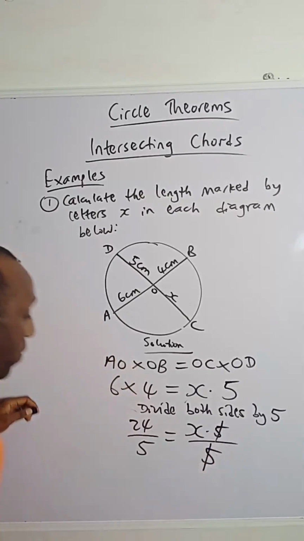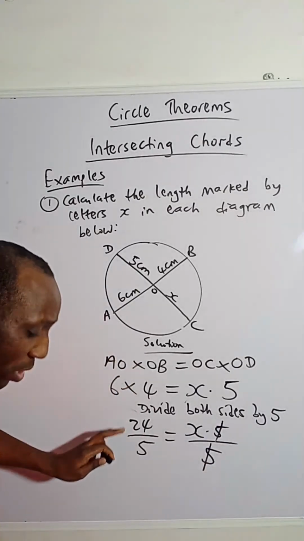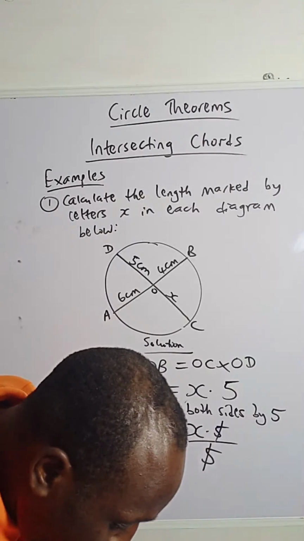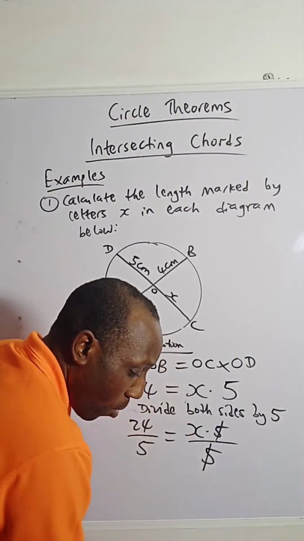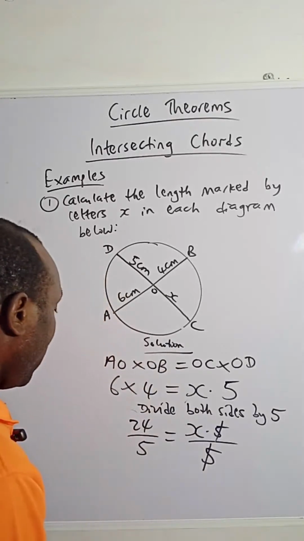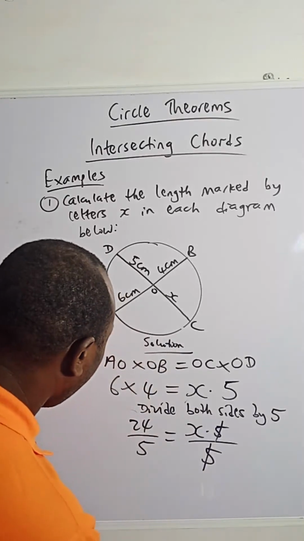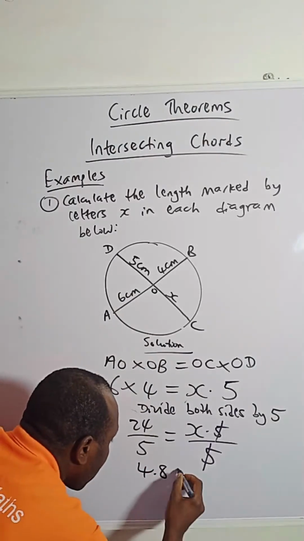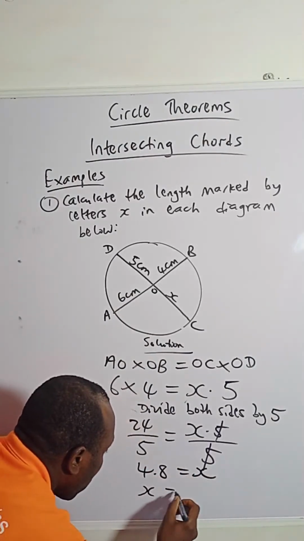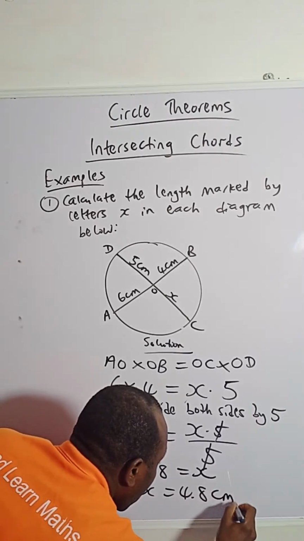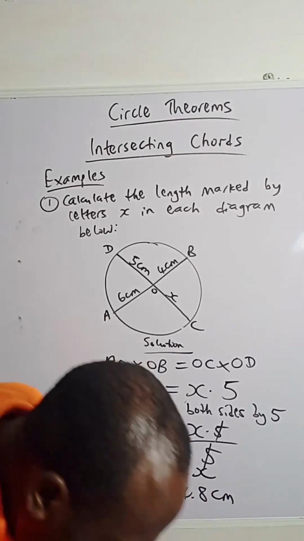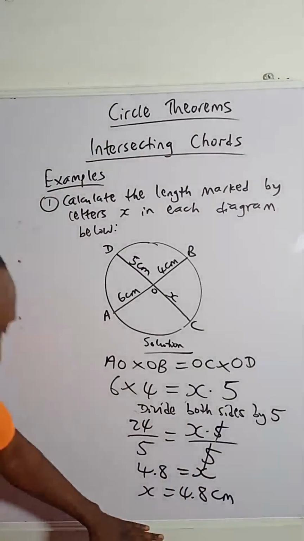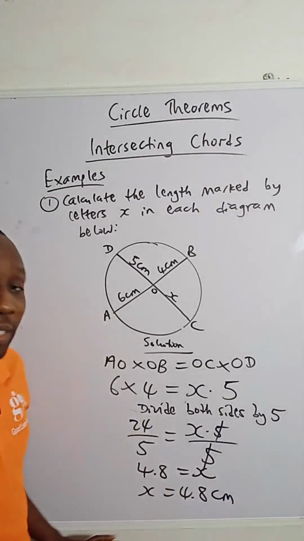So 5 cancels 5. 24 divided by 5 is 4.8. So x is equal to 4.8 centimeters. The answer is 4.8 centimeters.